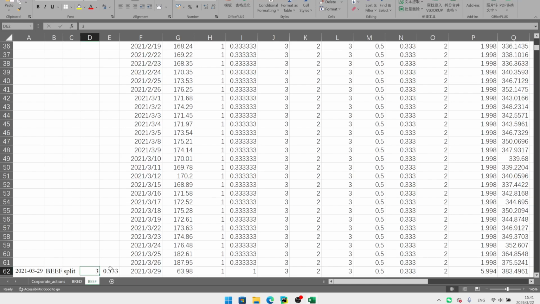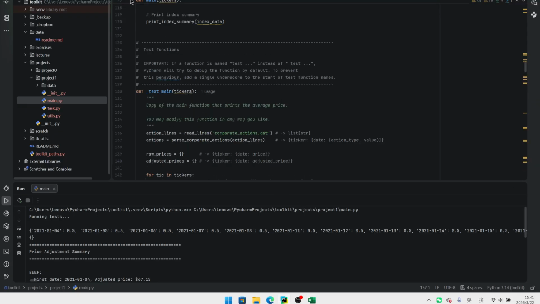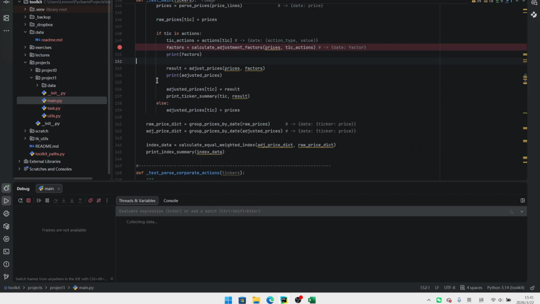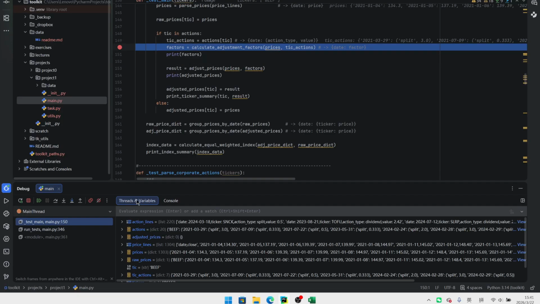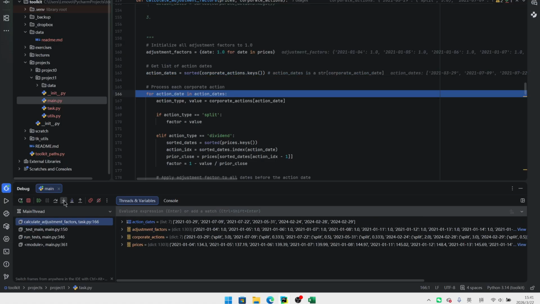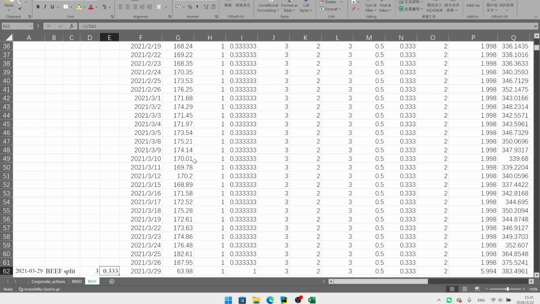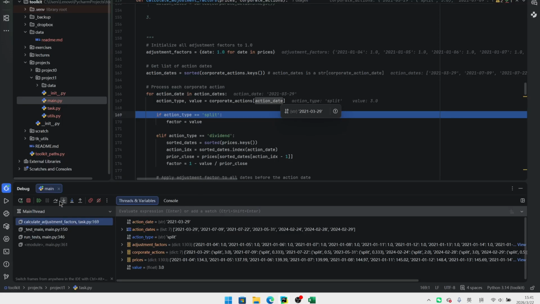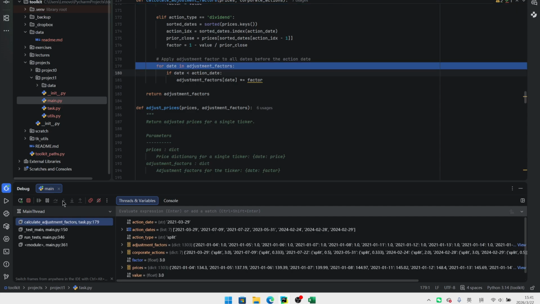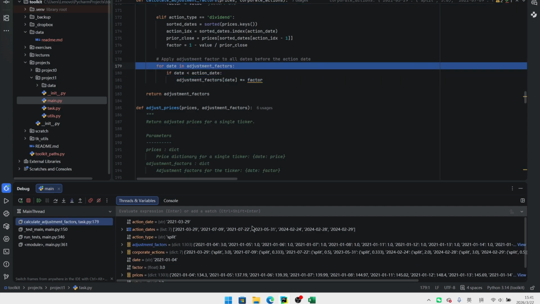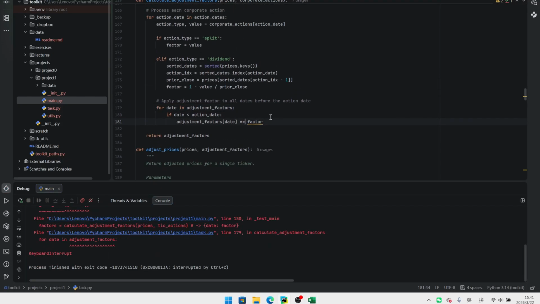So we can do it again. Use the debug. Using threads and variables, we can search the date and the split number to find whether it's correct. Next one. Action date 2021, March the 29th. This number is 3. The factor should be 0.33. That's the true question.